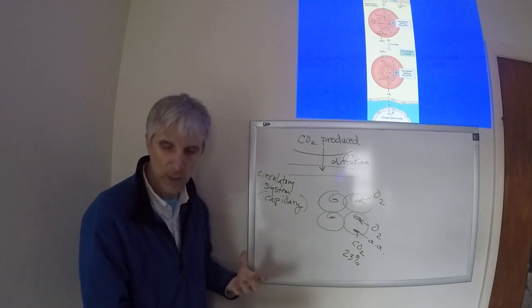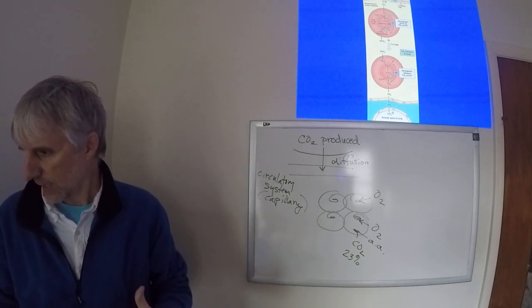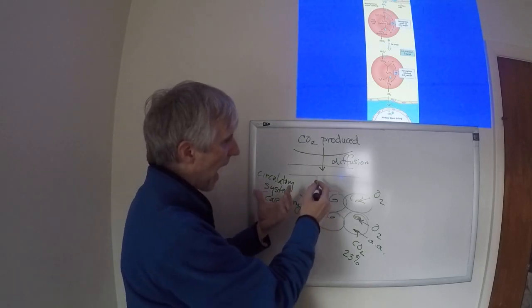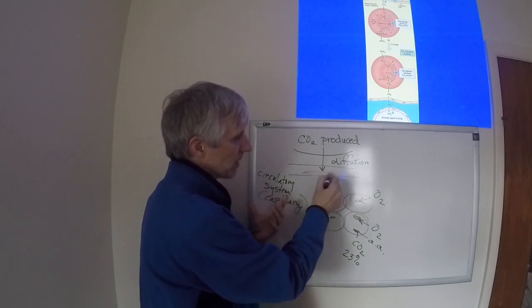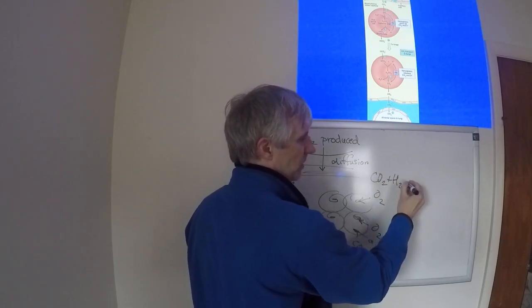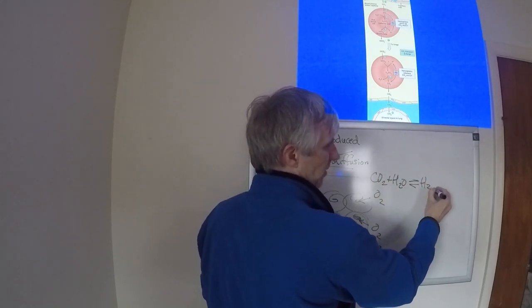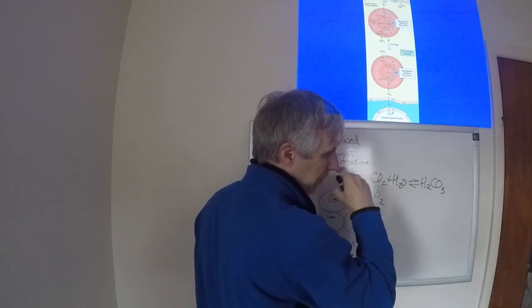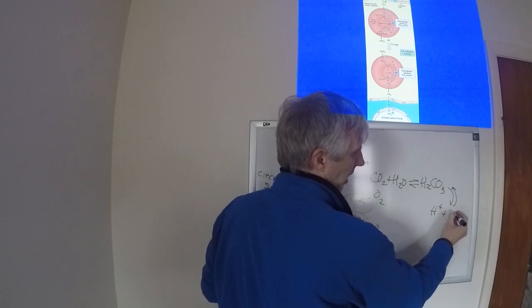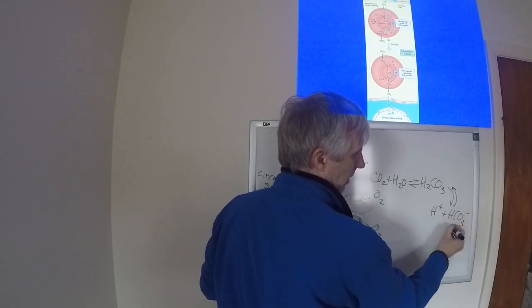There's also that dynamic equilibrium where we're adding CO2 into the circulatory system, and as we add the CO2, we get the formation of carbonic acid and formation of bicarbonate.